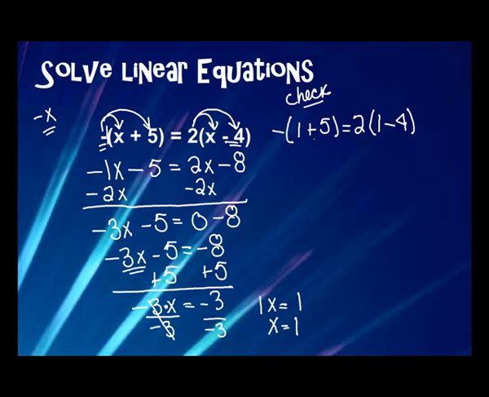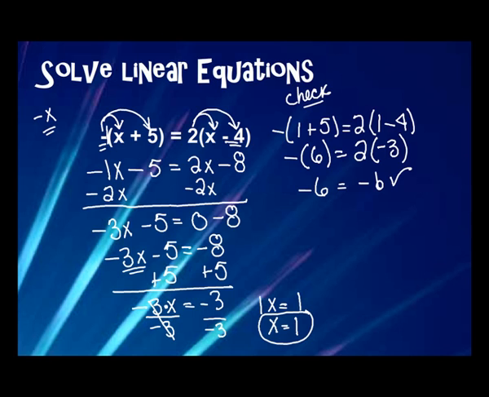Now I'm going to use the orders of operations, so I have to do what's in parentheses first. So 1 plus 5 is 6. And 1 minus 4 is negative 3. Well, negative times 6 is negative 6. And 2 times negative 3 is negative 6. And since those match, I know that x equals 1 is the solution.